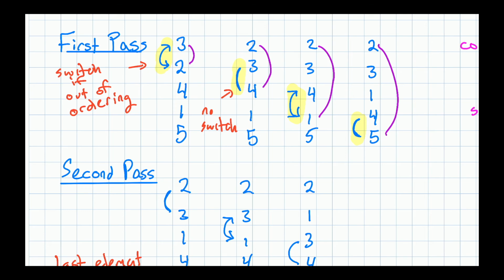Doing that kind of thing instead of comparing things that are right next to each other. If you make your comparisons that way, but otherwise are doing pretty much the same thing as bubble sort, that is how you get insertion sort. Okay. So let's see.